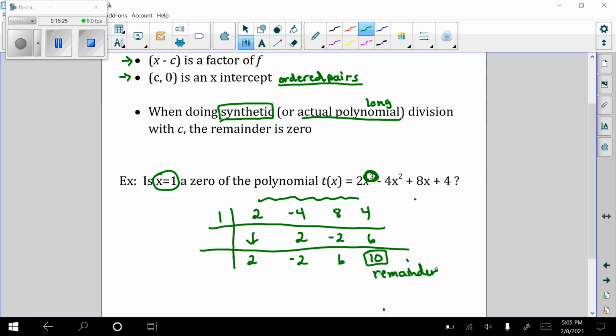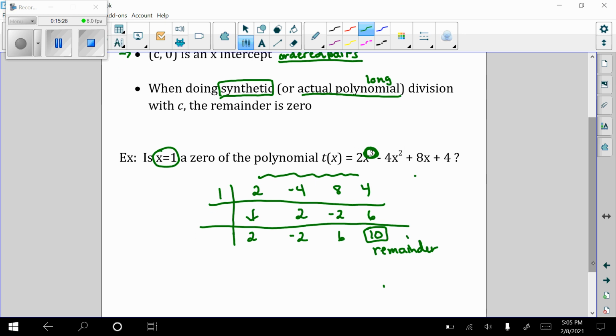So since your remainder is not equal to 0, x equals 1 is not a 0 of f of x, or t of x, because the remainder is not 0.